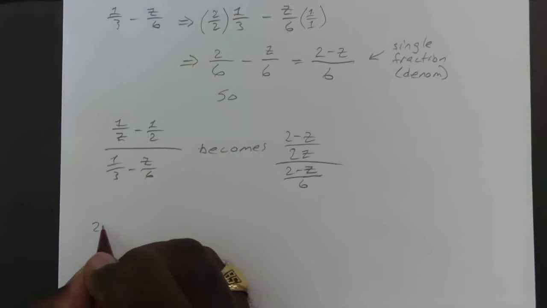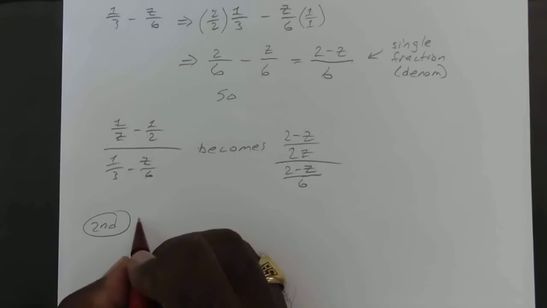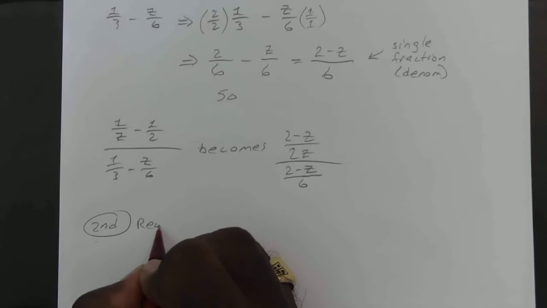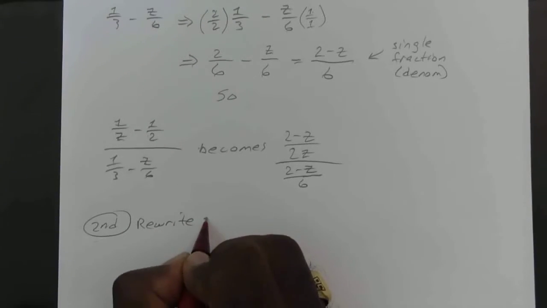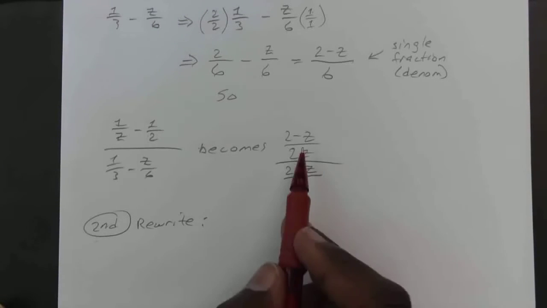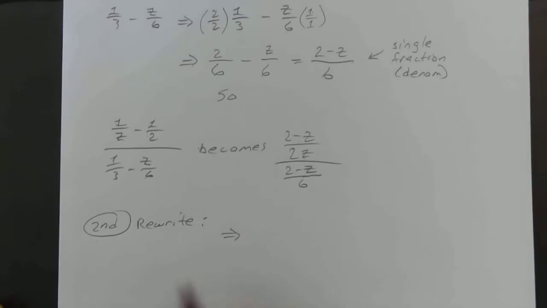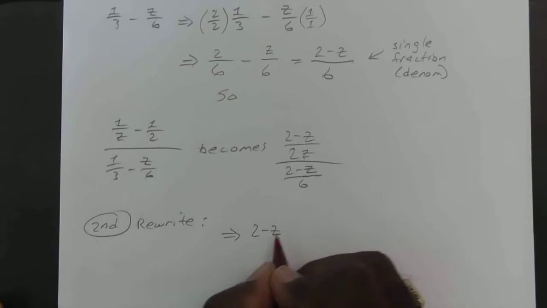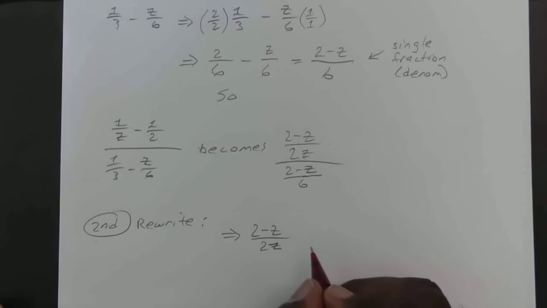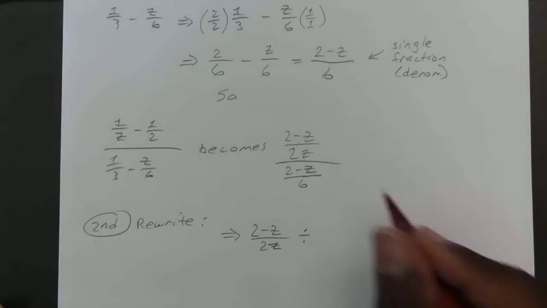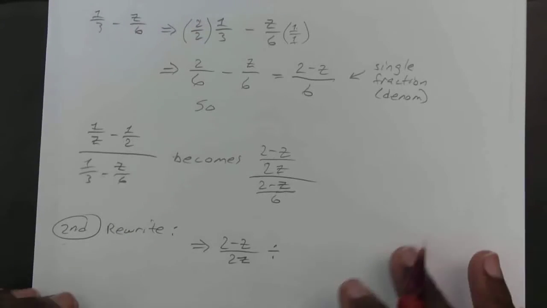Your second step is where you just rewrite it. So this now becomes 2 minus z over 2z divided by 2 minus z over 6.